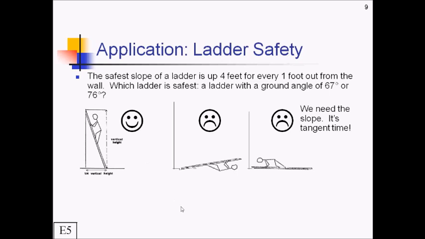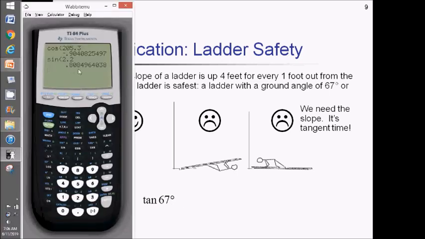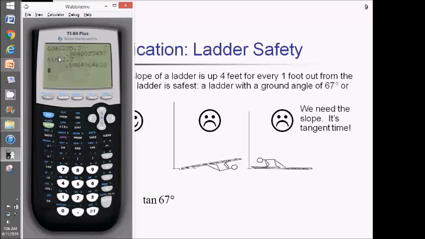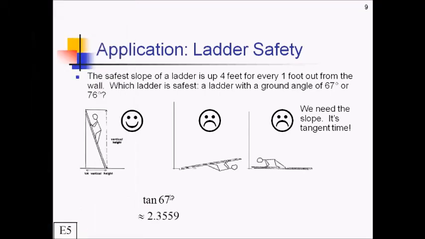All right, so tan of 67, let's plug that in. Now for this, I have to make sure I'm in degrees mode, and I put it in radians before, so I'm going to have to put it back in degrees. Quit out of there. And now I'm going to do my tan button. It has its own button on the calculator. Tan of 67 comes out to 2.3559.